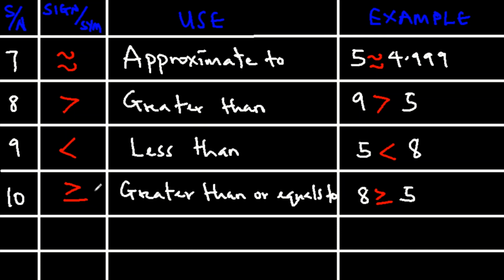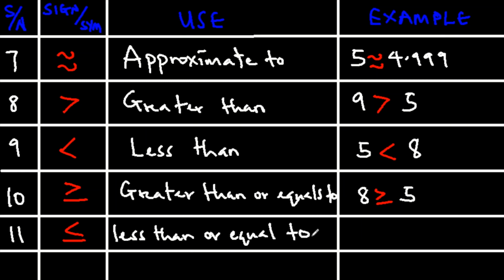Let's move over to our next symbol. The next symbol I would like to be showing you guys is this symbol. This symbol is also called the less than or equal to symbol.